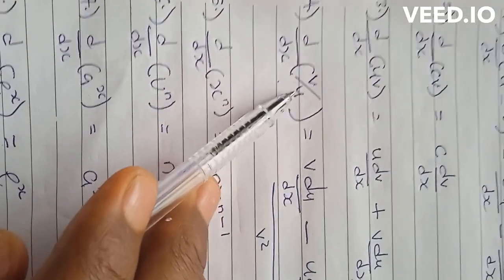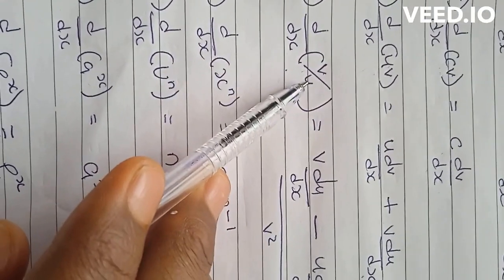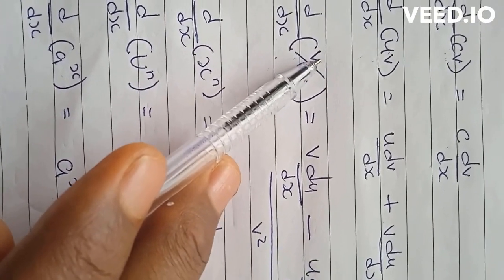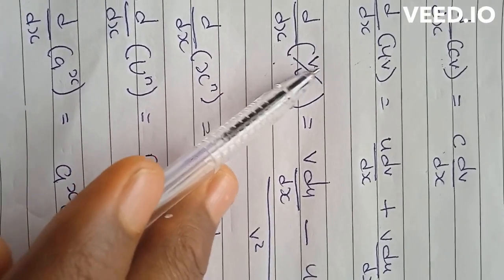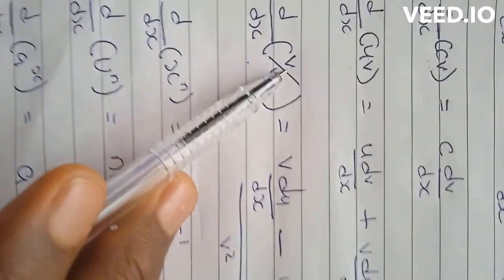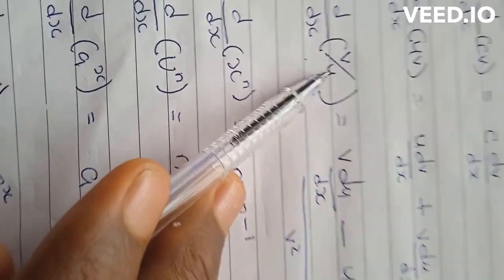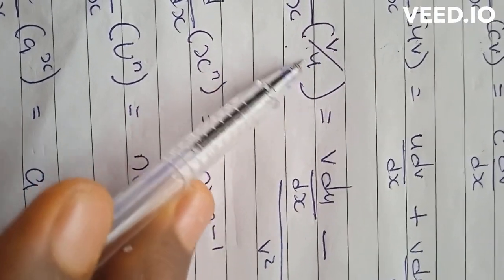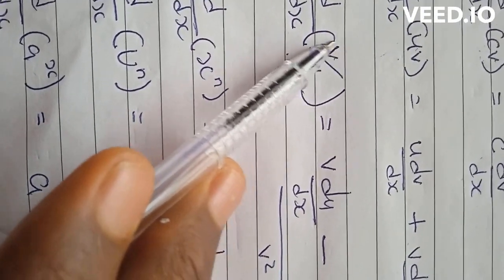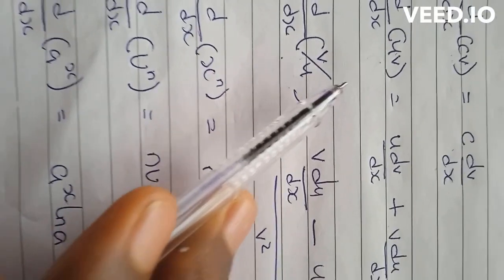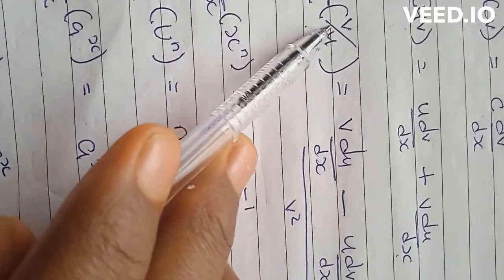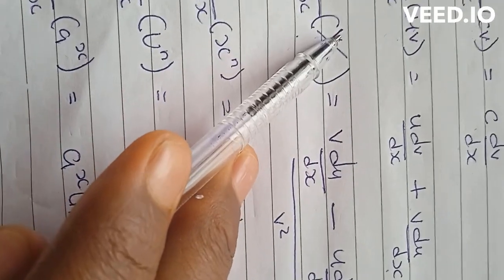Differentiating v over u. v and u are functions of x, and this is a quotient rule because v is divided by u. In a quotient rule, you take the differential of the denominator multiplied by the numerator, minus the differential of the numerator multiplied by the denominator, all over the denominator squared.